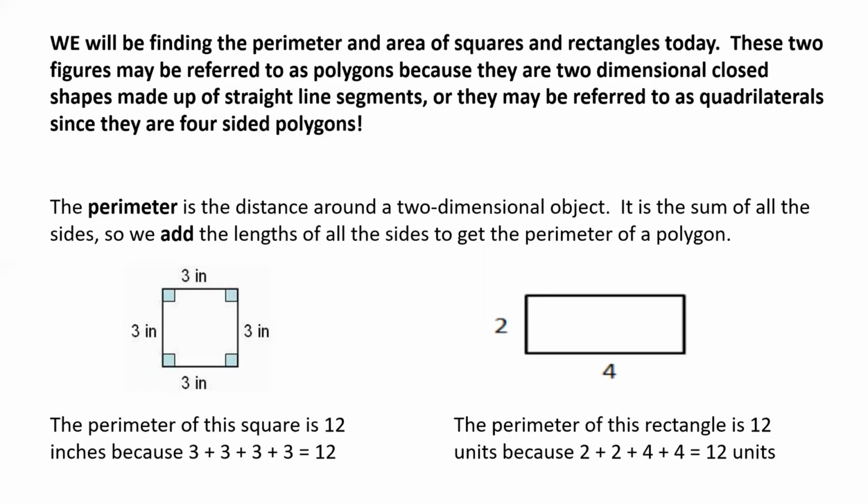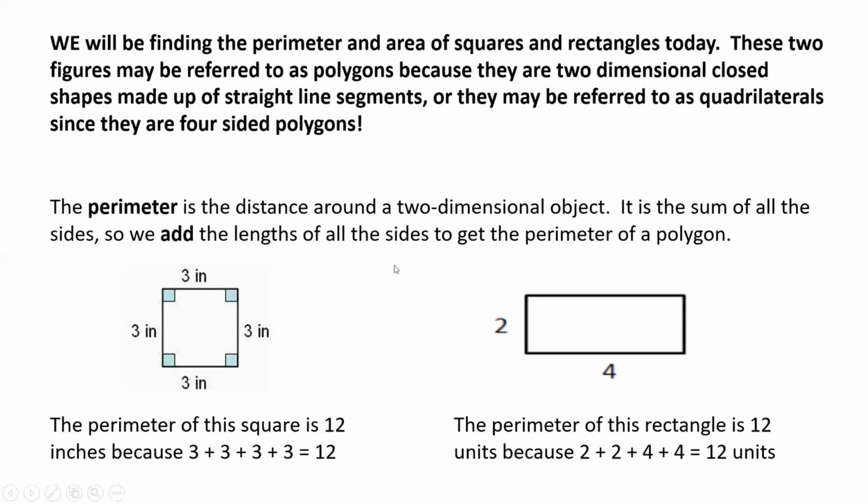When finding the perimeter of a polygon, or in this case, a square or a rectangle, the perimeter is the distance around a two-dimensional object. It is the sum of all the sides, so we add the lengths of the sides to get the perimeter of a polygon.